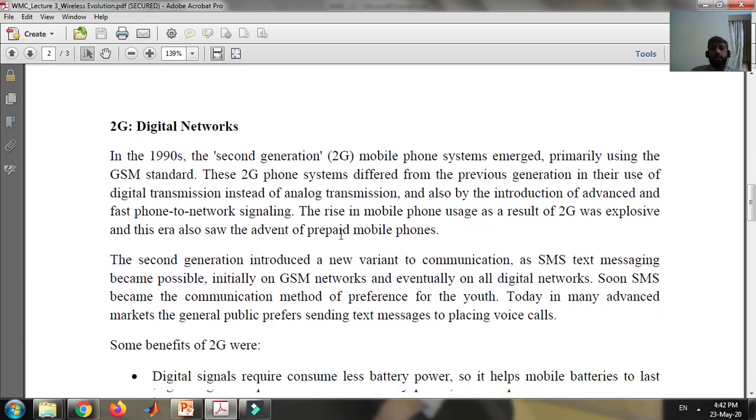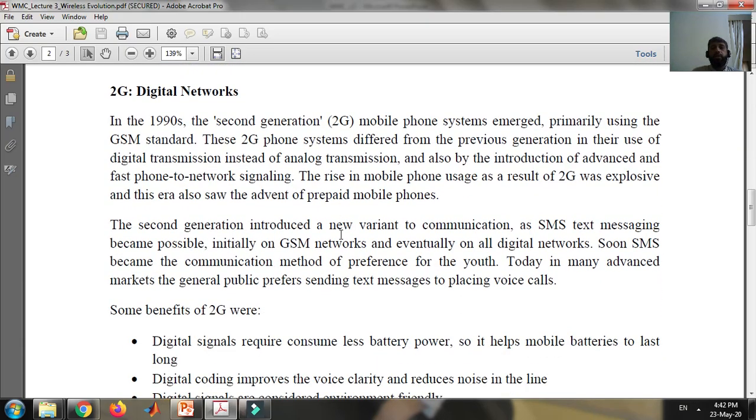The second generation of wireless cellular communication is attributed to the emergence of digital networks. The primary standard developed in that era was known as GSM, or Global System for Mobile. GSM phones were digital phones.